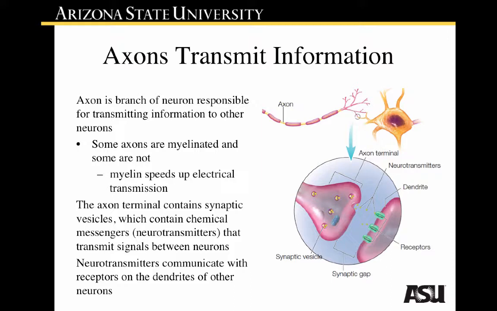Those dendrites have receptors on them, and the chemicals that come out of the synaptic vesicle here go across the synaptic gap and bind with these receptors on the dendrite. And basically that's how neurotransmitters communicate with receptors on the dendrites of other neurons.